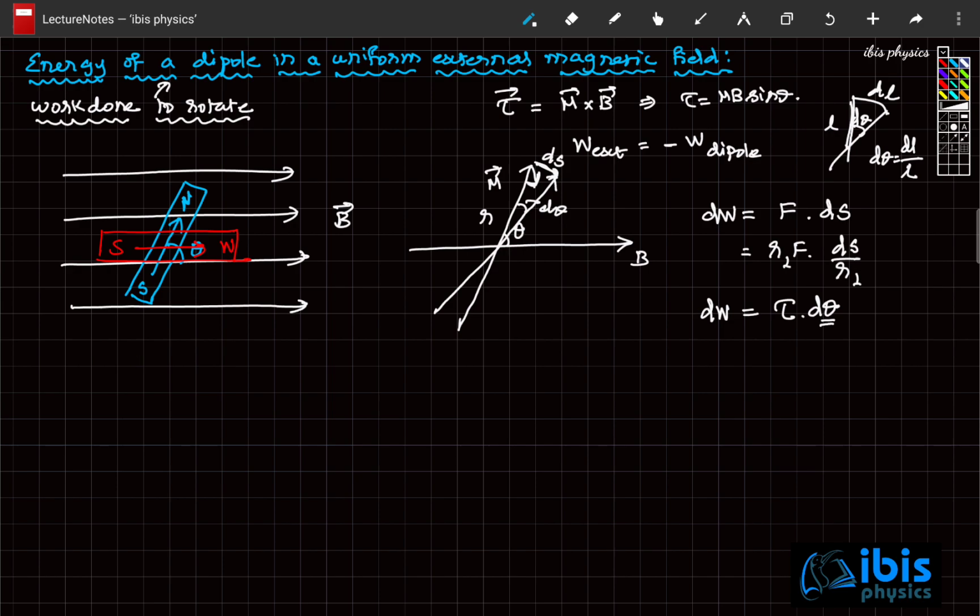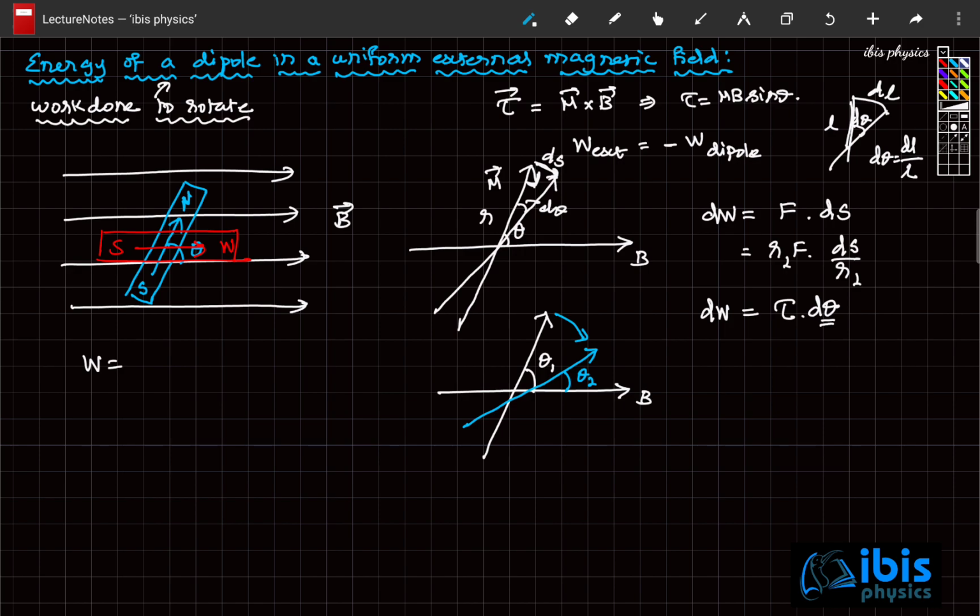If you want to find the total work done in rotating it, you need to know from where to where you rotate. Suppose this is the direction of the field. Initially the dipole is in this direction, with initial angle theta 1, and you rotate it such that finally the dipole comes to this side with final angle theta 2.